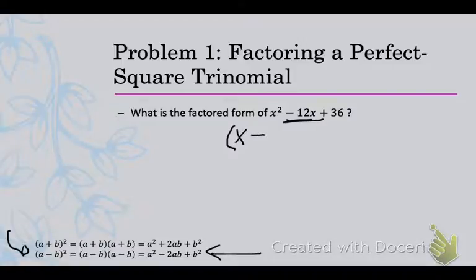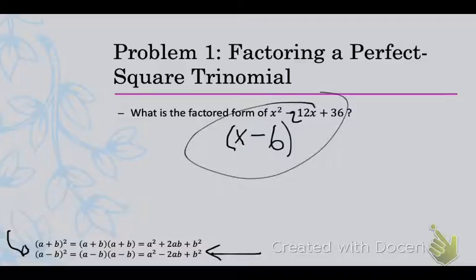The square root of 36 is 6, so I'm going to write 6, and then square that whole thing. So my answer is literally (x minus 6) squared. And I'm done. You can do the whole thing thinking of factors, but that's my answer, so it really shouldn't be that hard.